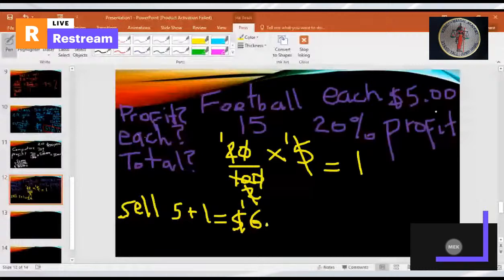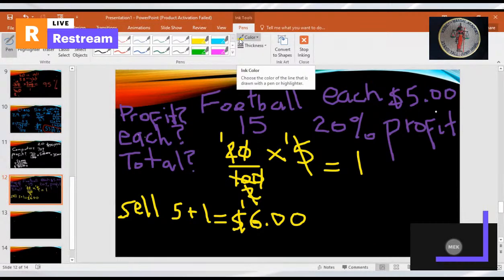In terms of the total, it's $5 for each football, and it's 15 of them. So if we wanted to work out the total cost that we paid, 15 times $5 for each one, 5 times 15 is 75.